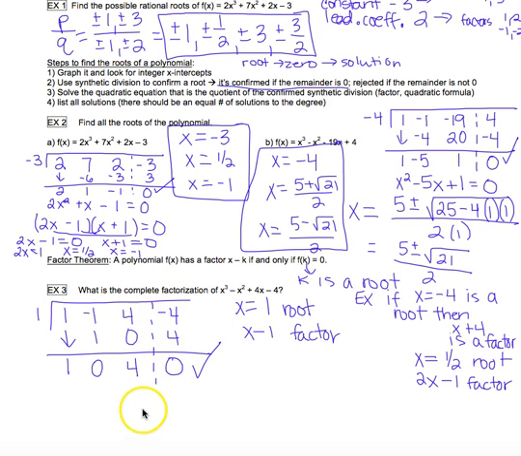So in order to have the complete factorization, because these are not going to be traditionally factorable, I now need to look at this guy and say, okay, my original was cubic, this is quadratic, so 1x squared plus 0x, I don't need to write that if there aren't any, plus 4. Now, you can do this one of two ways. If you know how this quadratic factors, then go ahead and factor it, and you don't have to solve.